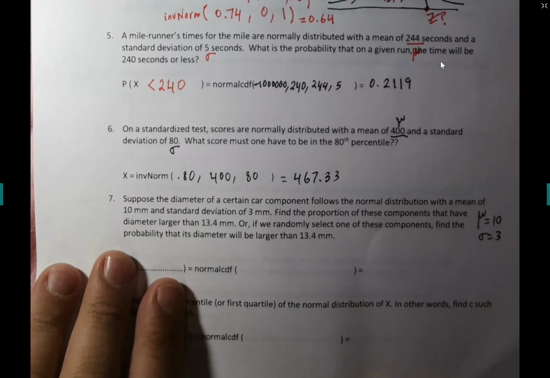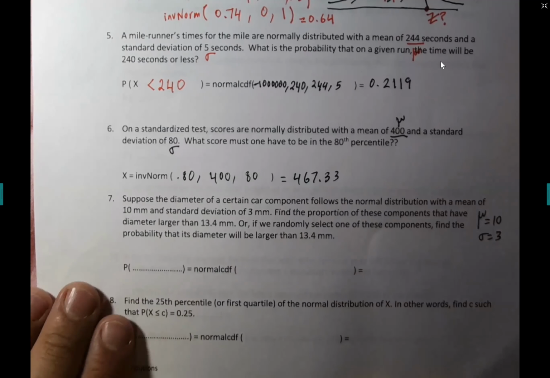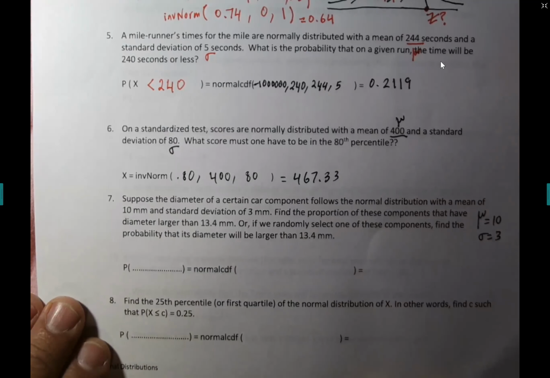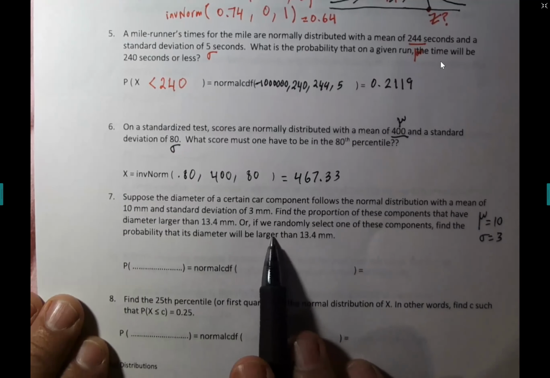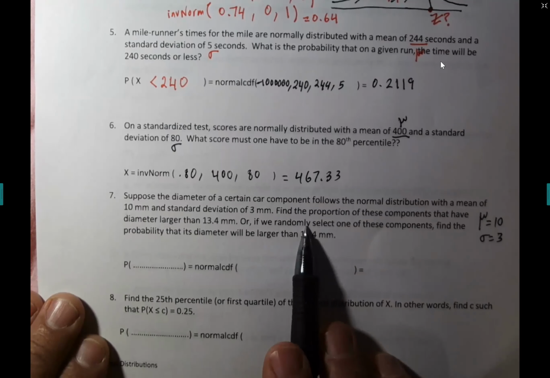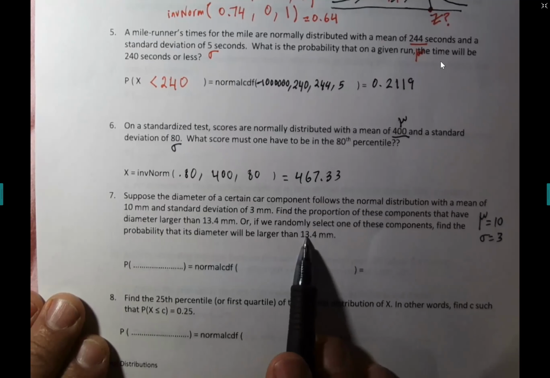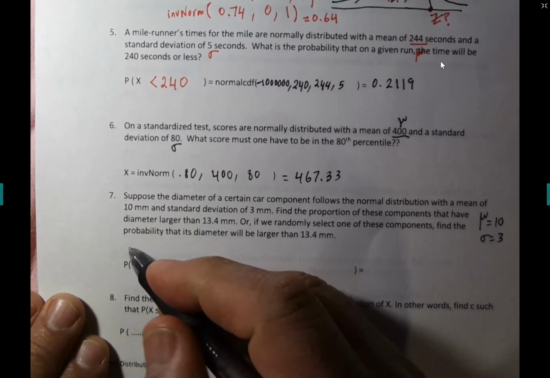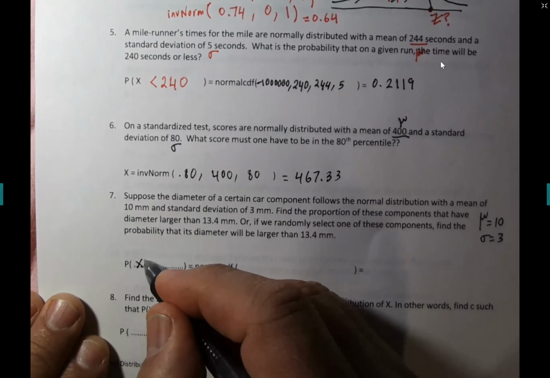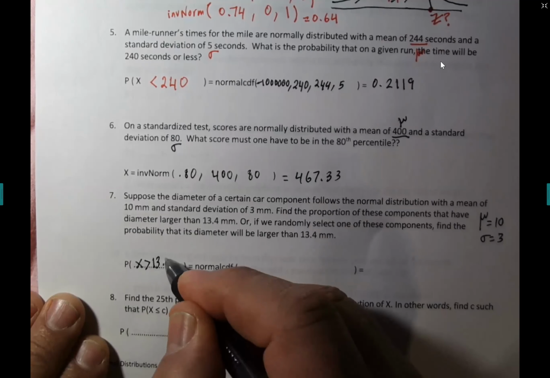So if he asks you probability, or what percent, or what proportion, it's the same question. I reworded the question: if we randomly select one of these components, what's the probability that its diameter will be more than 13.4? So for more than, you put X more than 13.4.